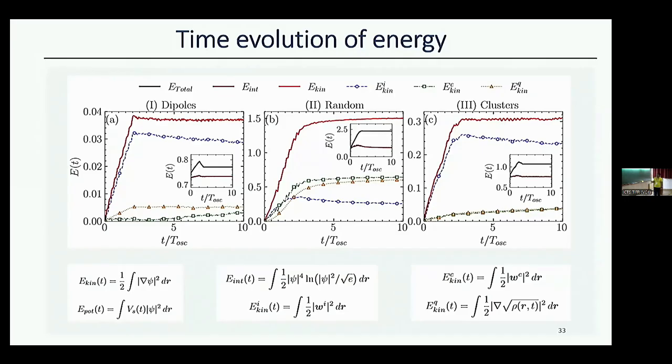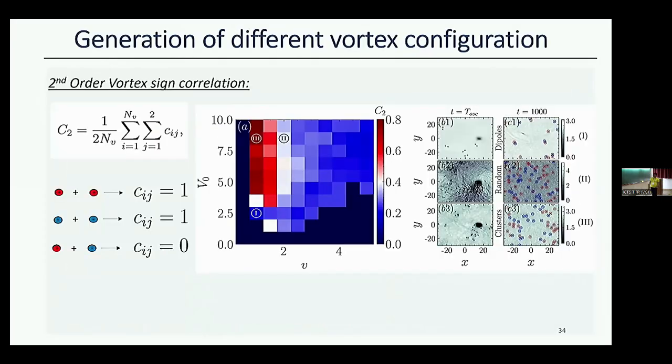So in this case, we see that this incompressible kinetic energy remains higher for the cluster case and dipole case, but in the random case, it is lower than the compressible part.